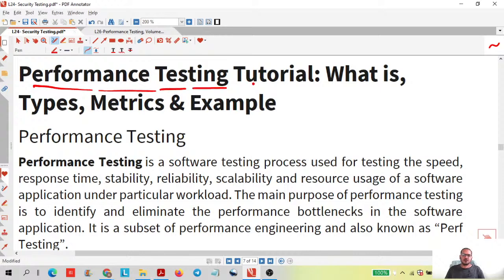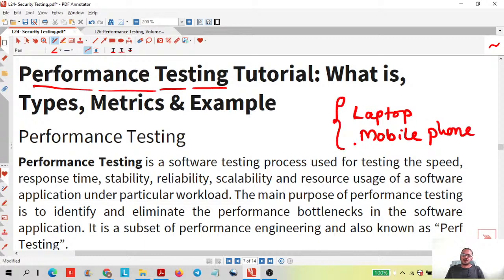Generally, even if we buy any laptop, any mobile phone, any electronic device, or any vehicle, we mainly focus on the performance. If you consider the laptop, just let me know, how do you relate performance in a laptop?